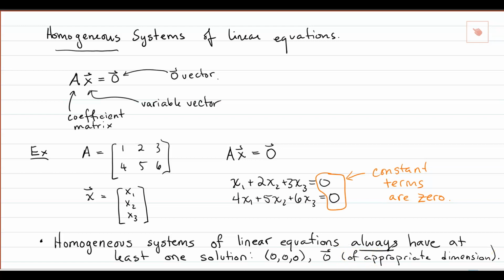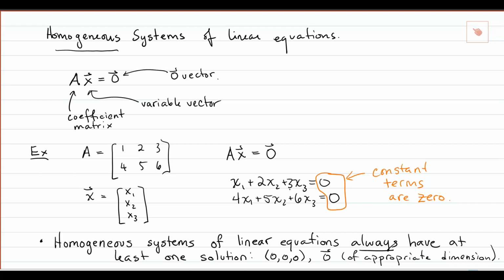So let's just take a minute to think about what that means. Remember, each one of those linear equations is describing a line or a plane or a hyperplane in some space of some certain dimensions. And what this is telling us is that if we have a right-hand side equal to zero, our constant term equal to zero, that means that our plane goes through the origin.